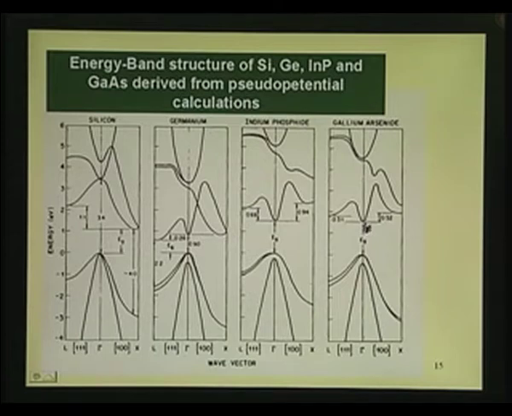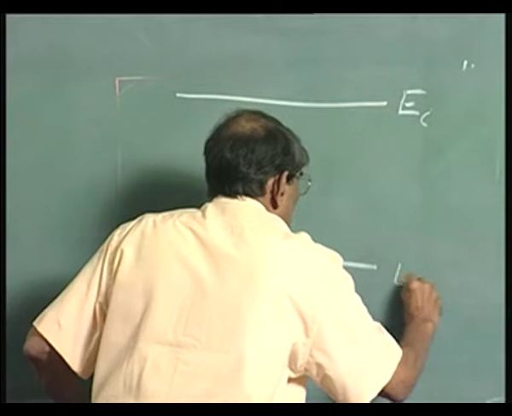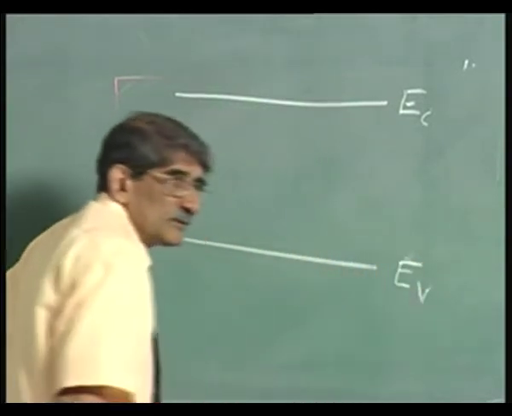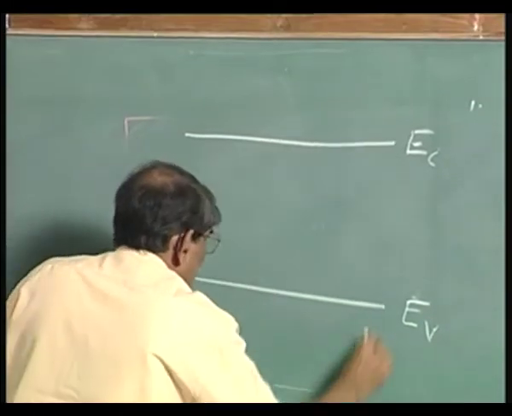Normally when you plot the energy band diagram, you plot it like this: conduction band, valence band. This is of course the conduction band here and the valence band here.